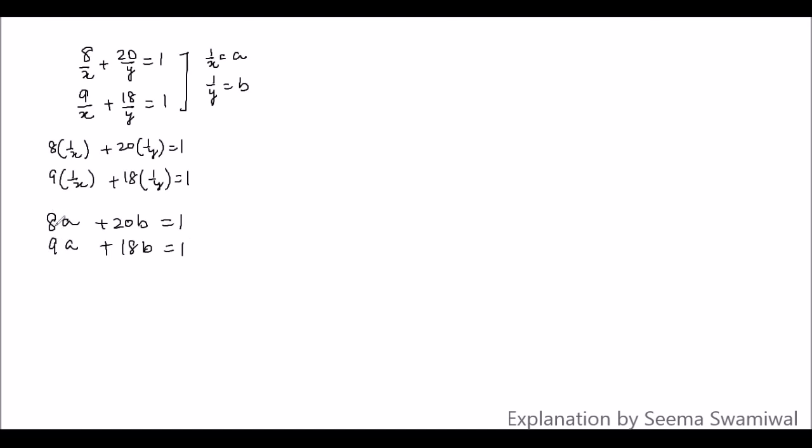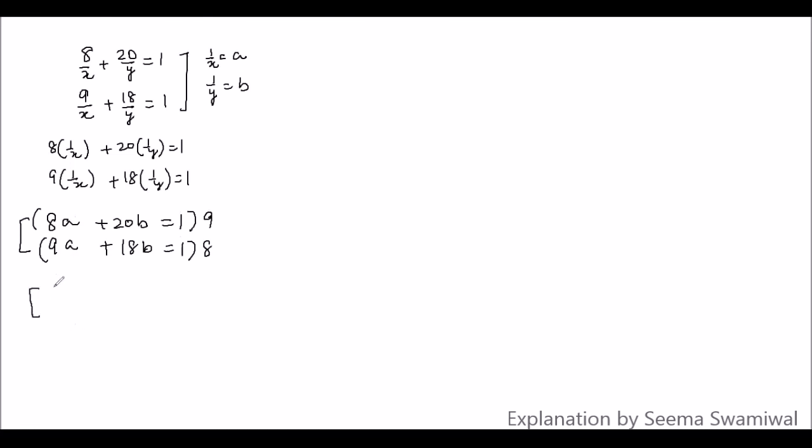Children, we are able to see here the coefficient of a are smaller than coefficient of b. So better it is to multiply this equation by 9 and multiply this equation by 8 to get the coefficient of a same. So when you multiply the whole equation, we will write these two again.